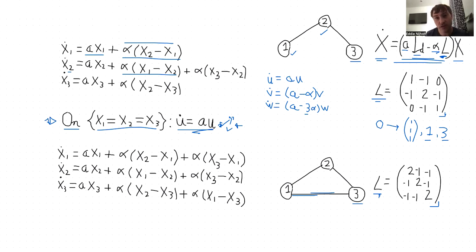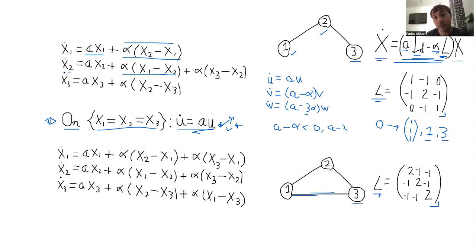Precisely when, or say asymptotically stable, precisely when the other coordinates, the v and the w, go to zero. So for that to hold, we simply need that a minus alpha is smaller than zero. And we also want, of course, that a minus 3 alpha is smaller than zero.